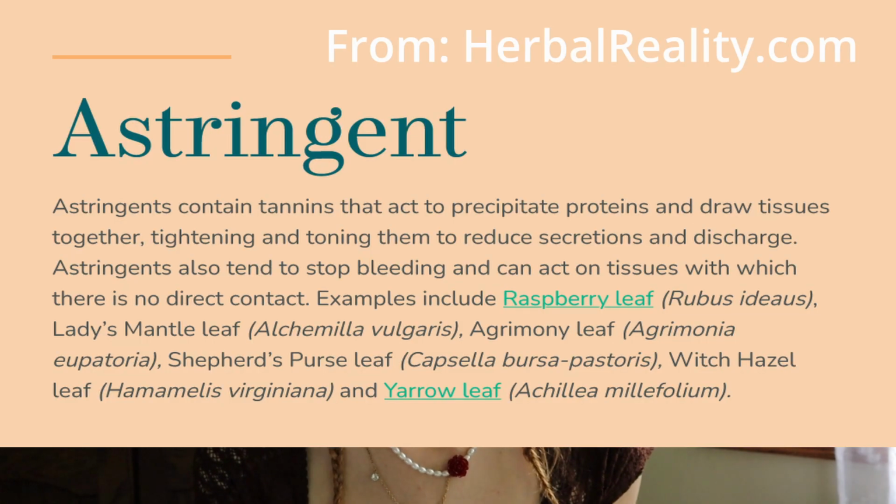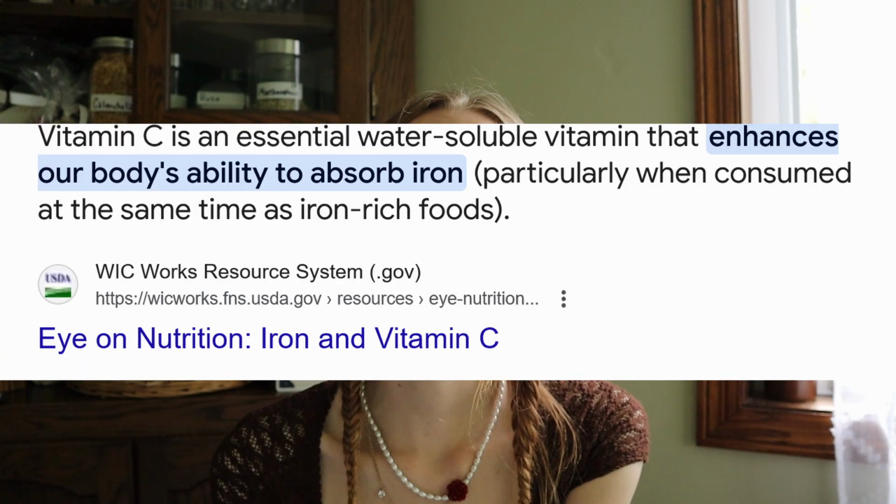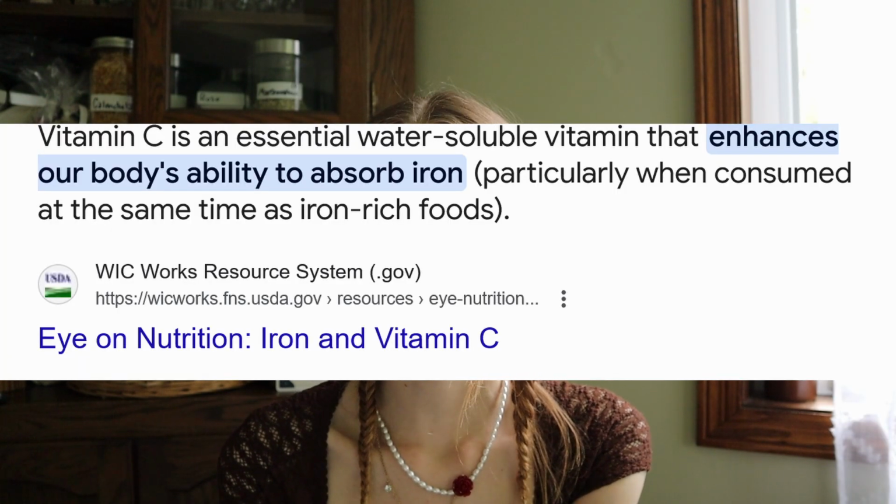So back to those astringent actions, this can really help to tighten your uterine tissue, reducing heavy menstrual bleeding. Also, it is high in vitamin C, which supports iron absorption, and that's especially important for menstruating individuals.